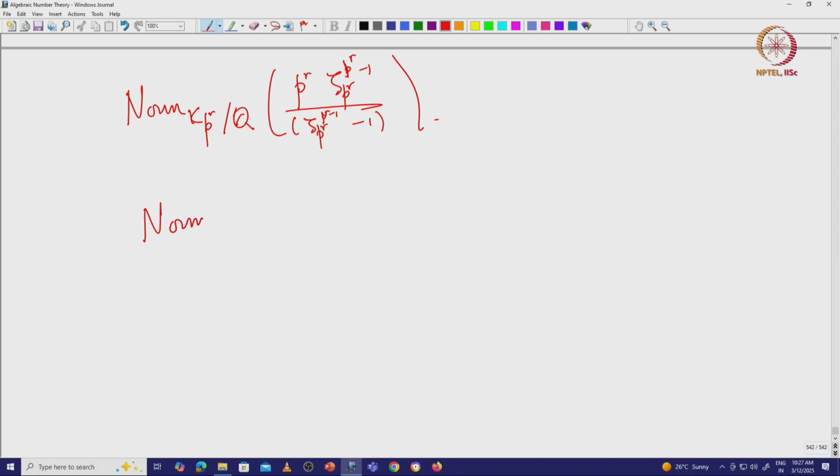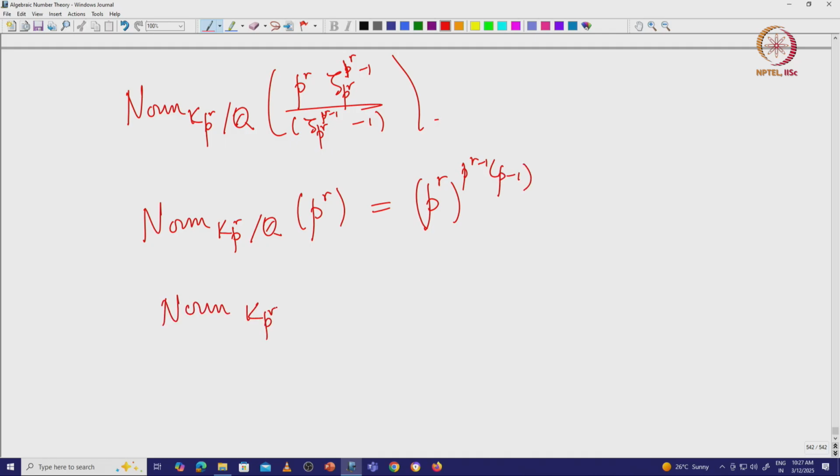So if you look at the norm from K_{p^r} over Q of p^r, then this is simply (p^r) to the power p^{r-1}(p−1), and the norm from K_{p^r} over Q of ζ_{p^r} to the power p^{r-1}, this thing is simply 1, because this is 1 to the power p^{r-1}.